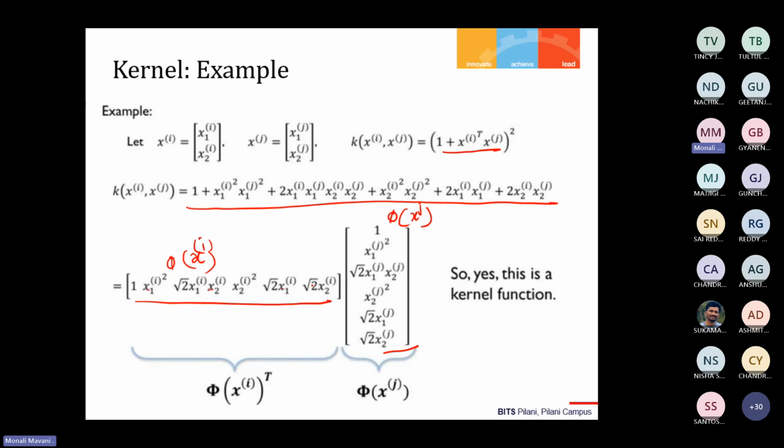So it is a 4-dimensional feature space from the original 2-dimensional feature space. This is very simple because we have done this in a reverse way.